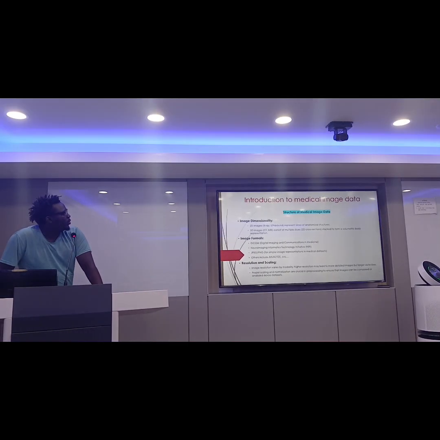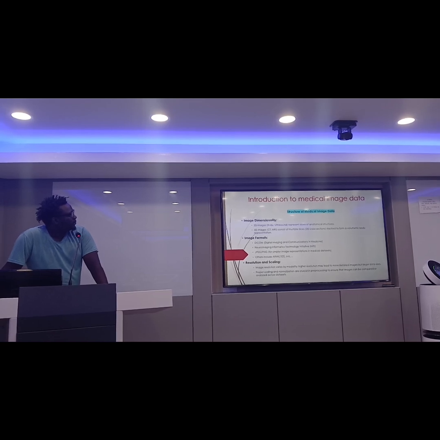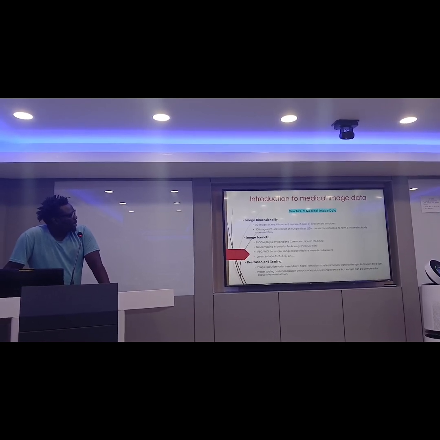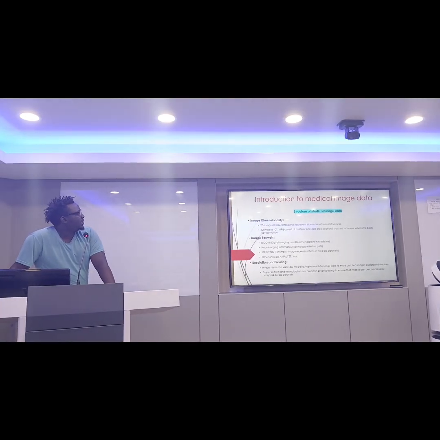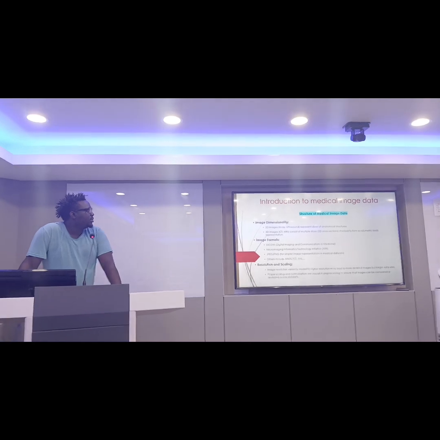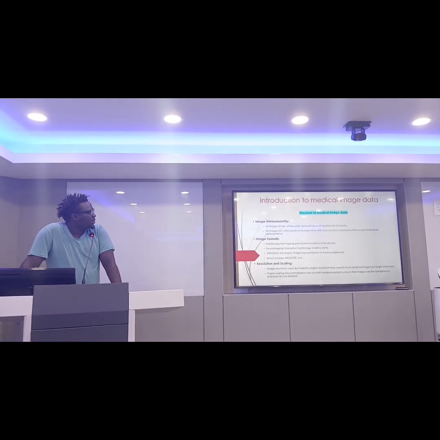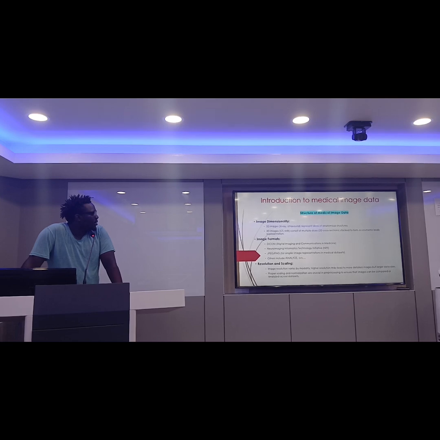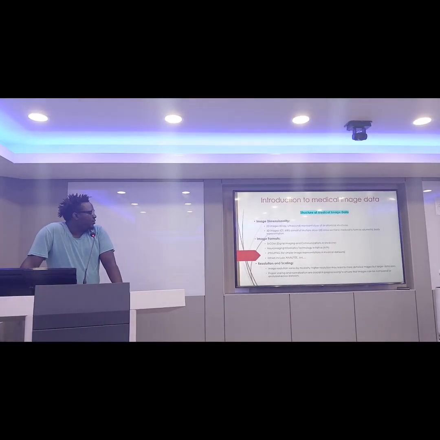At this point, we have, for example, image dimensionality. It can be a 2D image, like X-ray and ultrasound, and they present slices of anatomical structures. It can be 3D. And then they come in many formats now.